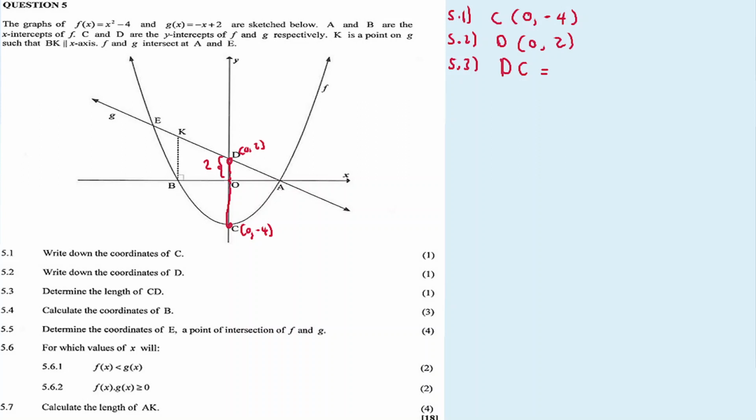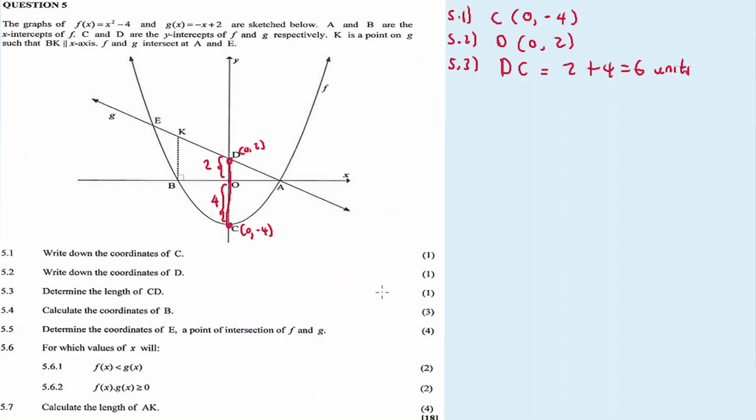The distance from the origin to C is 4. The distance is always a positive value, so the distance from 0 to C is 4, not negative 4. The distance from D to C is 2 plus 4, so our answer is 6 units.